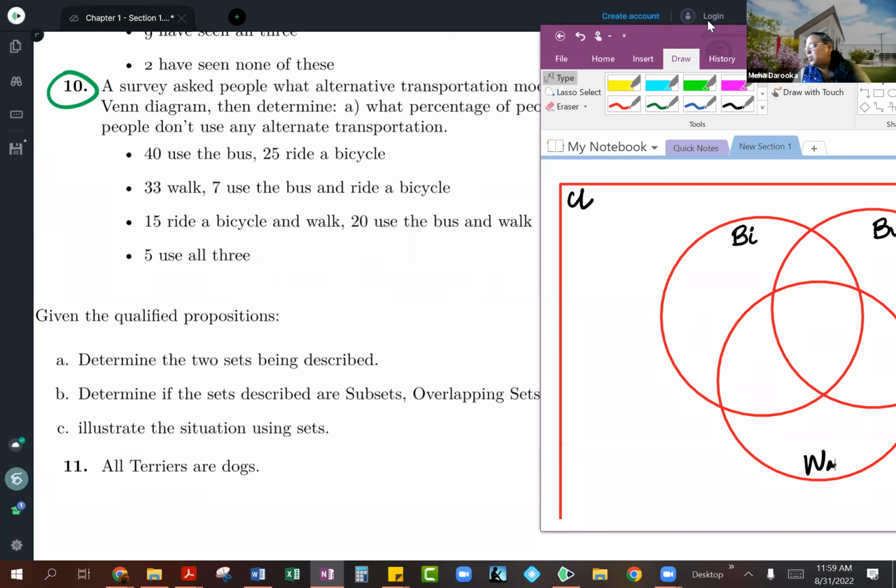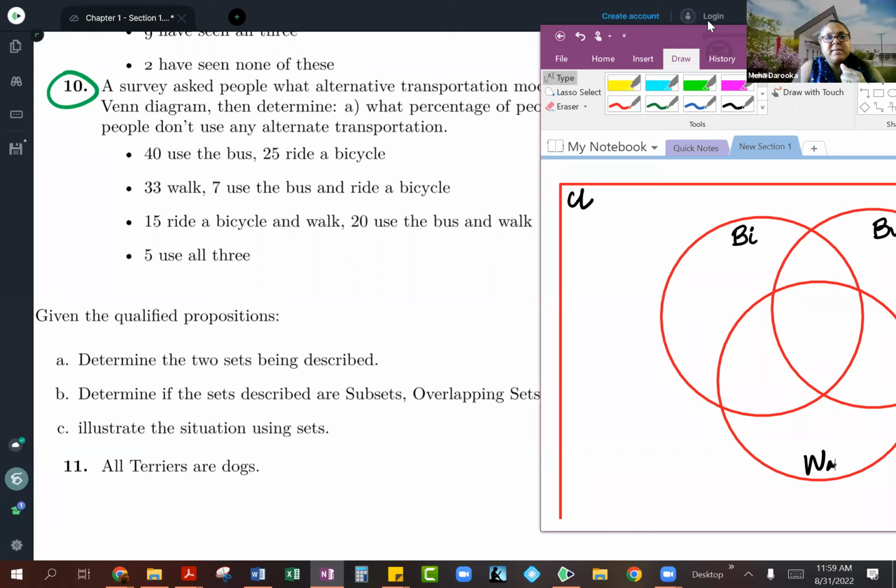So this one is going to be a little bit more complex than number 8 because they gave us a straightforward only so many did the color, only size, only brand. You don't have that. So when they say 40 use the bus, where do you think that 40 goes? Under bus. But is it going to be just that section which is outside without the overlap or in the overlap, like where? I would say it'd be in no overlap, just under bus.